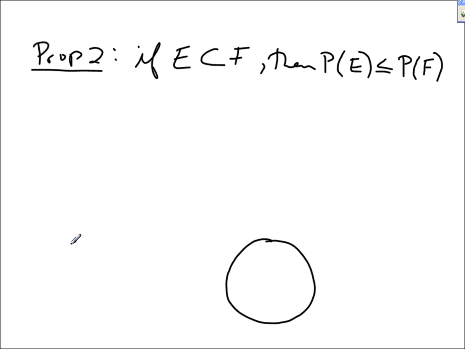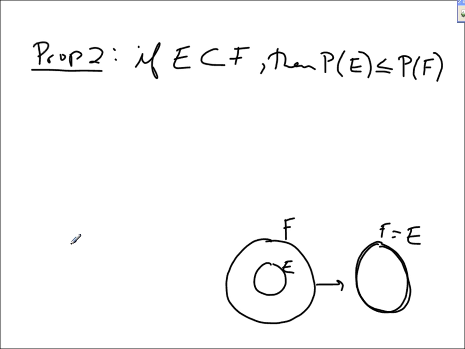If this is F and E is in here, it could also have been that F and E are the same thing. That symbol allows equality. Some books will actually put an equal sign. It could be one of those two.